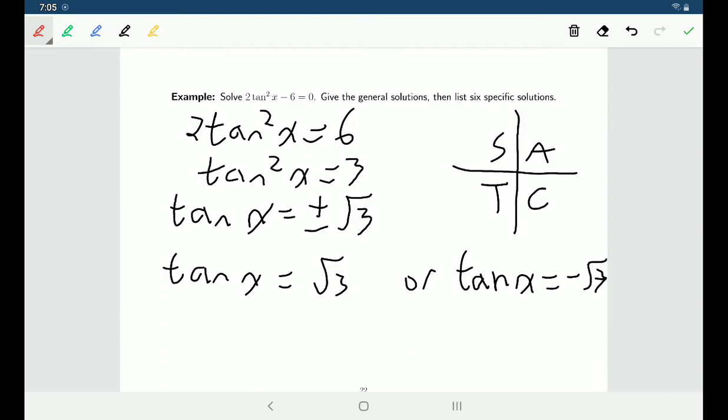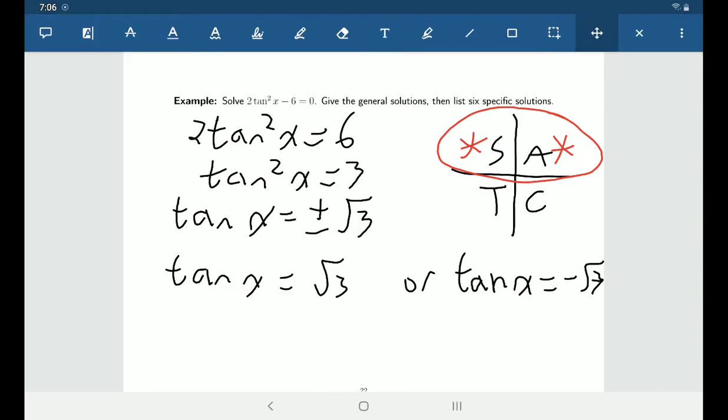We only need to find solutions in quadrants 1 and 2, solutions between 0 and pi, because we won't be adding on multiples of 2 pi, because that's not the period of tangent. We'll be adding on multiples of pi. So once we find things within that interval from 0 to pi, then we can generate our general solutions just by adding on multiples of pi.